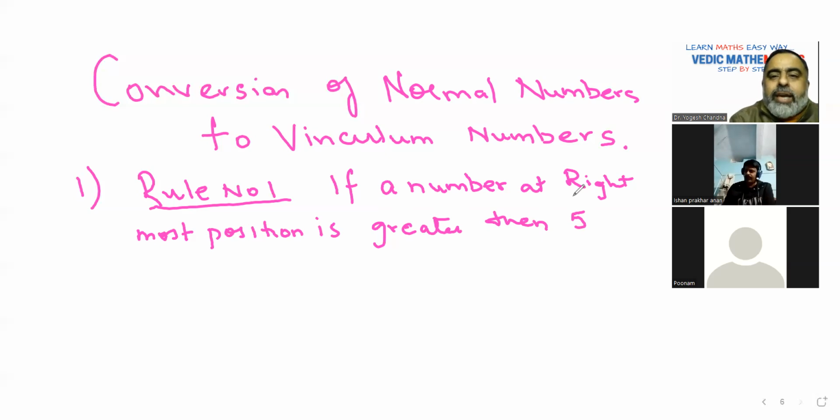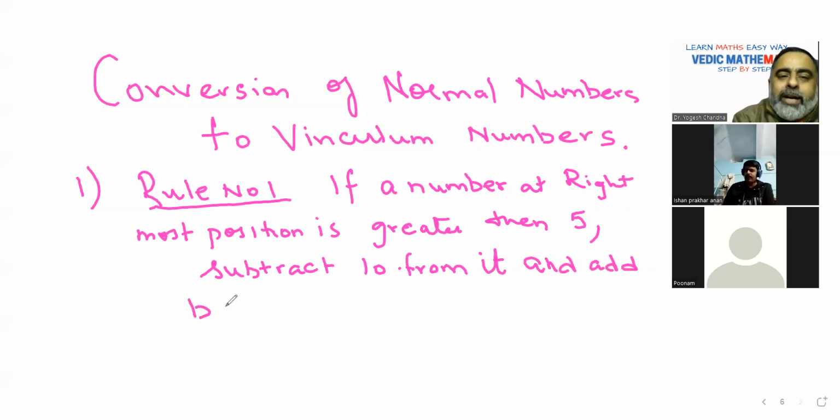Correct? Subtract 10 from it. If you subtract 10 from 6, 7, 8 or 9, what would be the answer? Minus 4, 3, 2, 1. Every time you'll have minus. Subtract 10 from 8 and add a bar. Got my point?